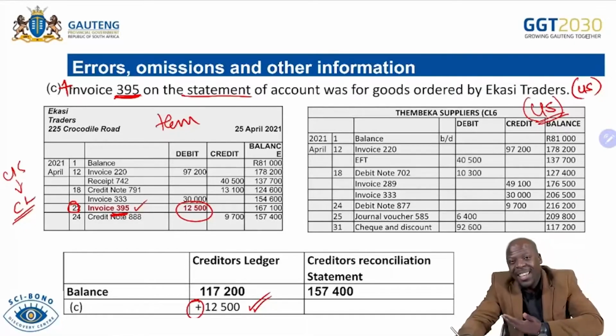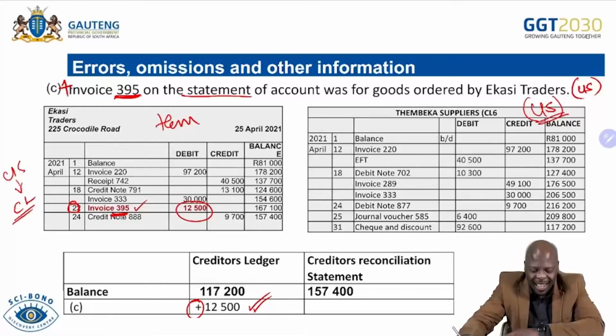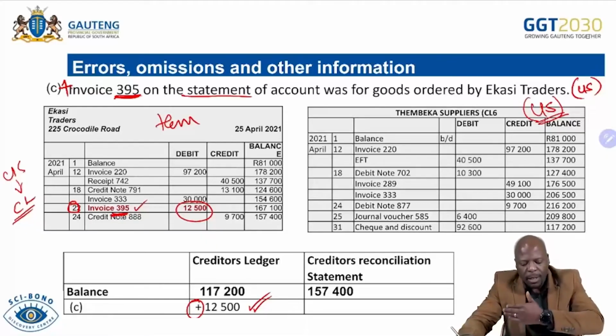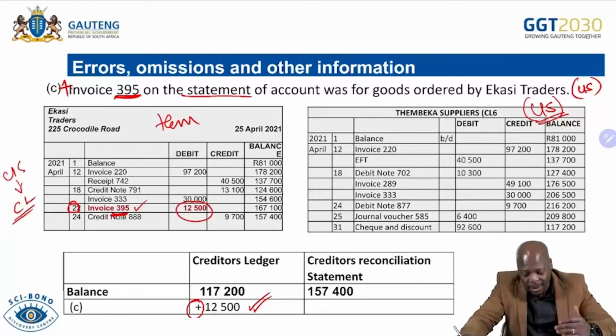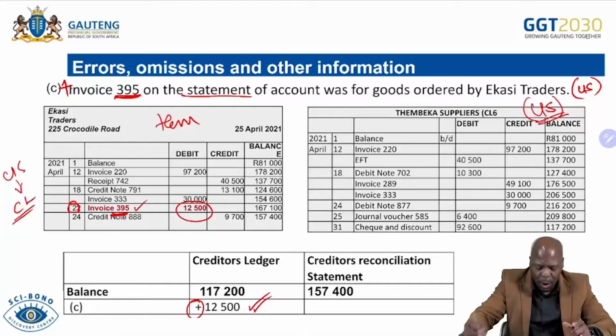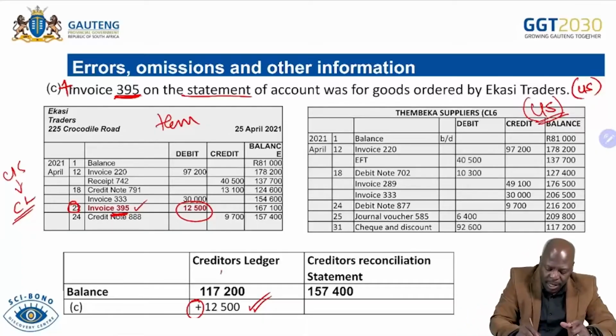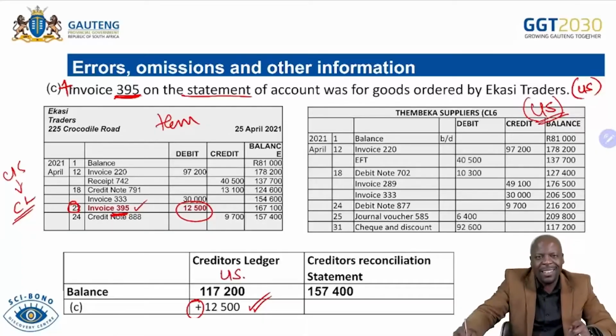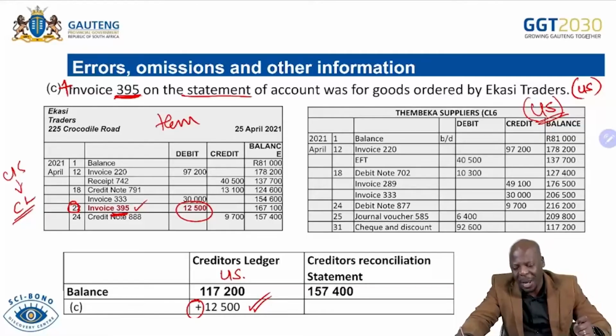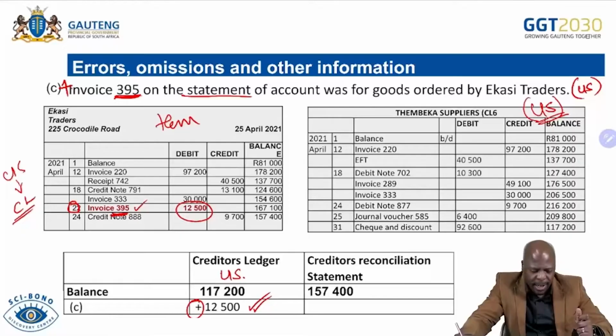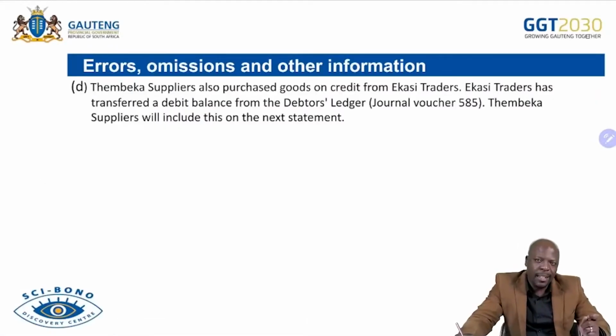I told you it's going to be very simple. Okay, it's an invoice that was recorded by them, but not recorded by us. If it is us we have not recorded, it comes to the ledger. Remember, the ledger is us. Okay, I know it's getting exciting now. Let's see what they're saying on D.